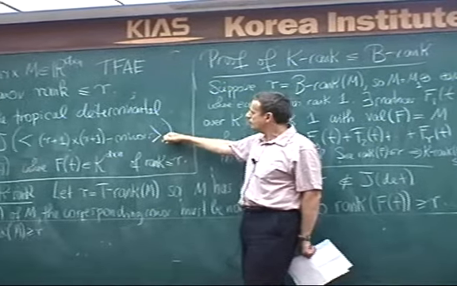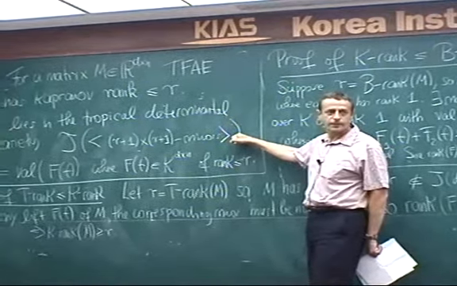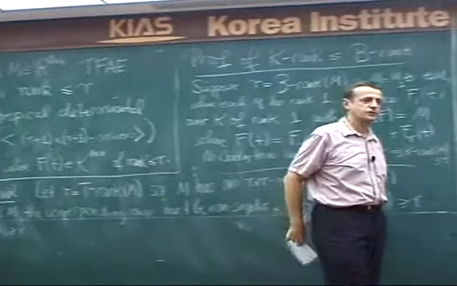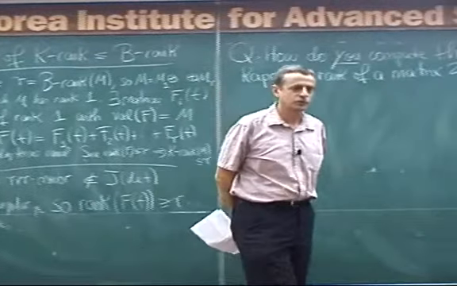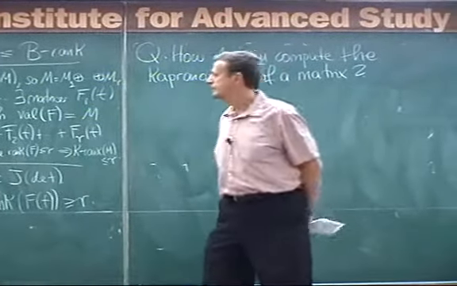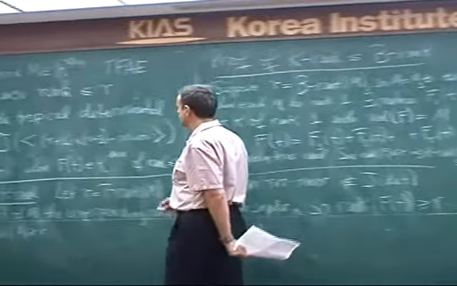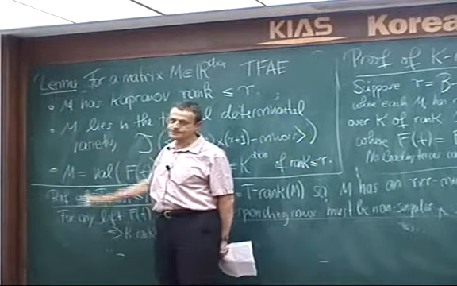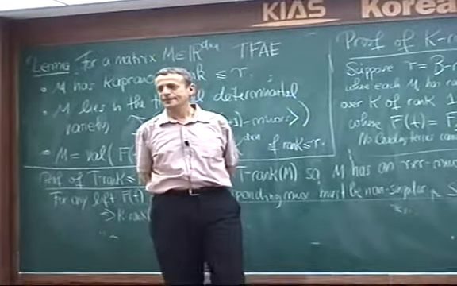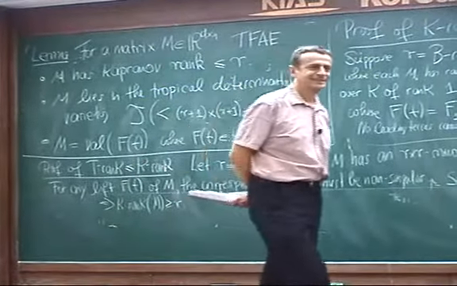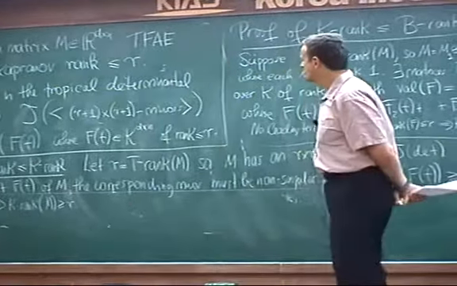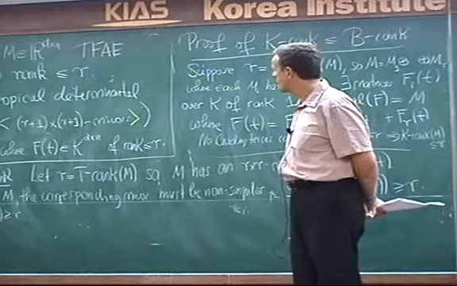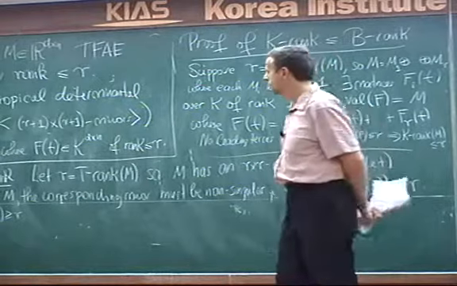You make a list of all these minors, and then you calculate the initial ideal with respect to the partial term order with weights M. You check whether this ideal contains a monomial. If it contains a monomial, then it's not in there. If it doesn't contain a monomial, then the Kapranov rank is at most R. So this is the way to go.